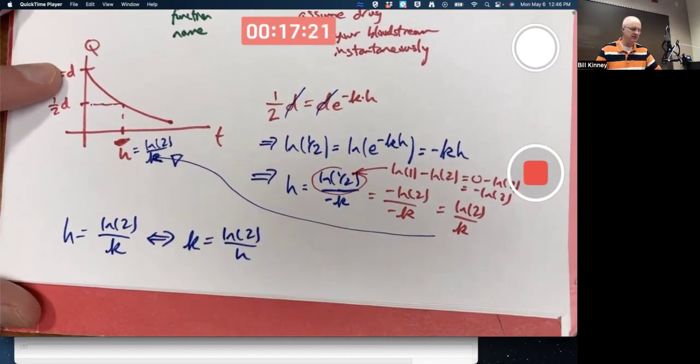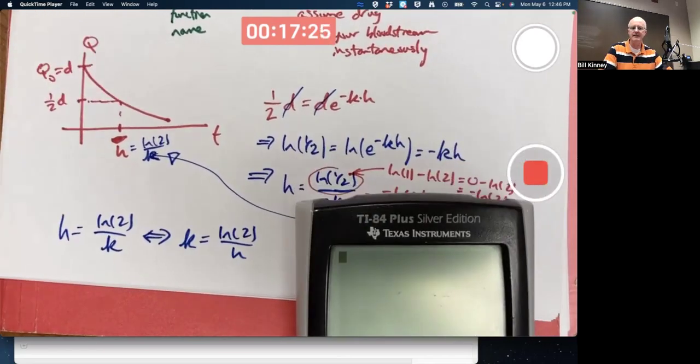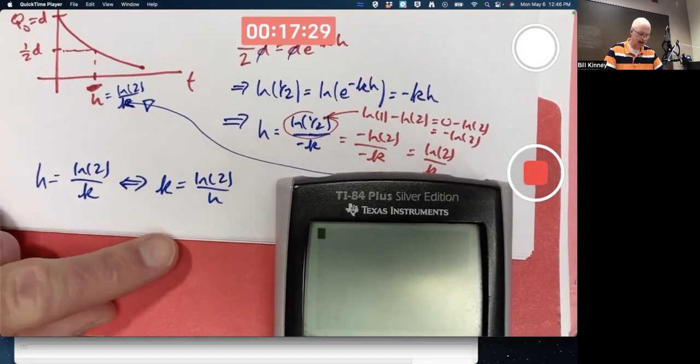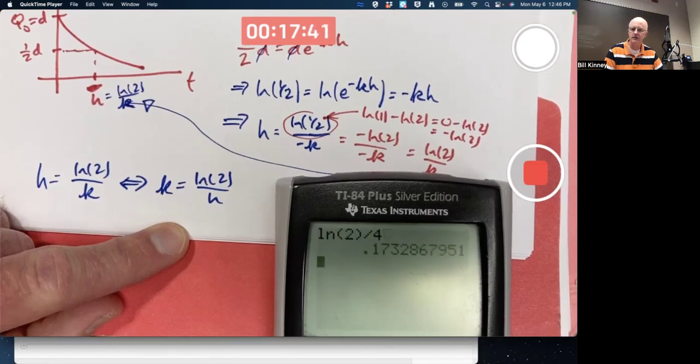So as an example, if the half-life happens to be 4 hours, what is K? ln of 2 divided by 4 will be what K is if the half-life is 4 hours, about 0.1733.